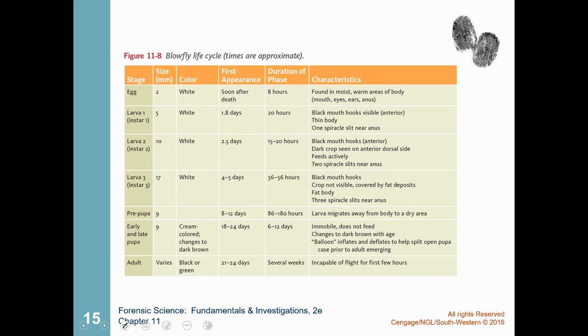These are the times, and this is how we can estimate the time of death if we use the life cycle of the blowfly, because the egg stage is really only 8 hours long. So if you're seeing just egg stage blowflies, you can say that the body has been dead within around 8 hours.